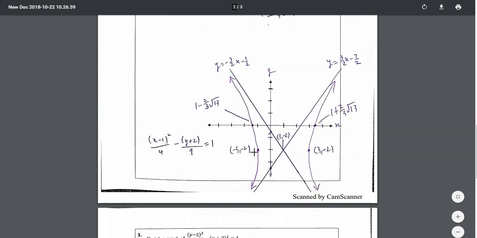Because our graph is going to go somewhere through here and somewhere through here. The x squared term is first, so this is the orientation, left and right, as opposed to top and bottom. And you can see it's impossible that our graph could intersect the y-axis. So that means let's not bother trying to find y-intercepts.